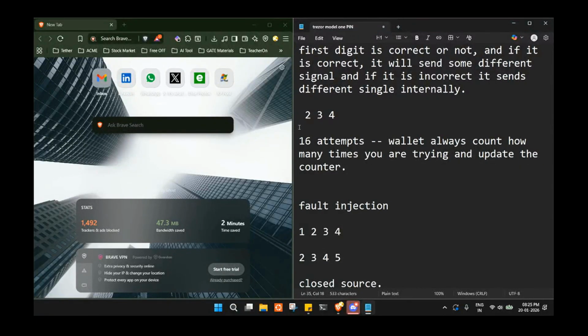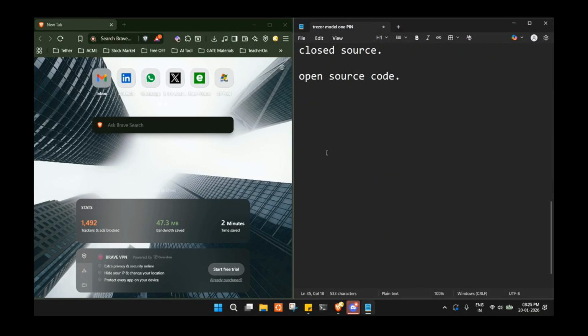That's why all the hardware wallets started using secure element chip. But the problem is, whether using a secure element chip is good or not, you have to verify this. So if you are looking for any hardware wallet, first look for the open source code.